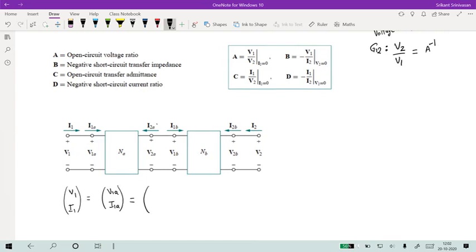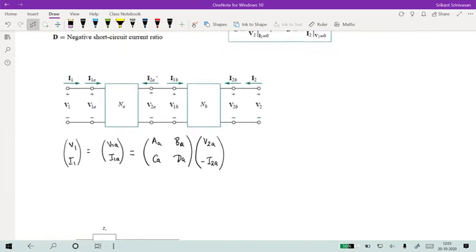Let's say, that's the network A, because we are calling it network A and there's a network B. That's equal to the AA, BA, CA and DA parameters times V2A and minus I2A. Okay.